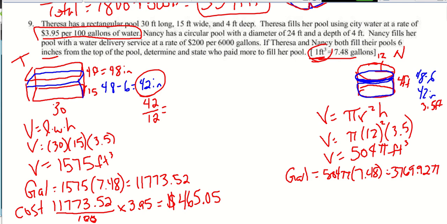So $465.05. Meanwhile, Nancy is filling her pool, and she has this many gallons, and she pays $200 for every 6,000 gallons. So 3,769.92 pi divided by 6,000, and then times 200, and that's going to be our cost. And so you'll be able to compare now.